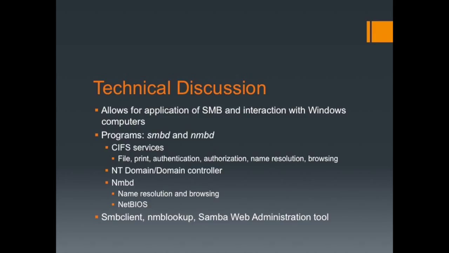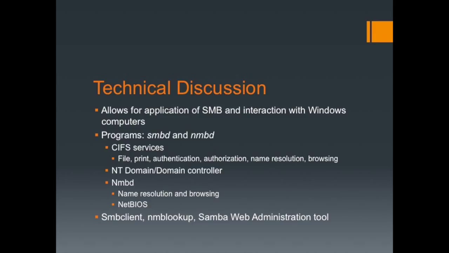And then the last bullet is a couple of the utilities that Samba comes with. One is the SMB client, which is used to connect remotely from a Unix system to the SMB file share, and it also allows for the ability to send files to a distant printer. Another one would be the NMB lookup command.